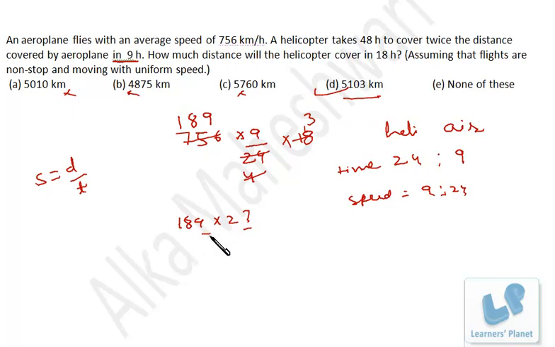Because this is less than 5400, our answer will be less than 5400 and the unit digit is 3. So 5103 kilometers distance will be covered by this helicopter.